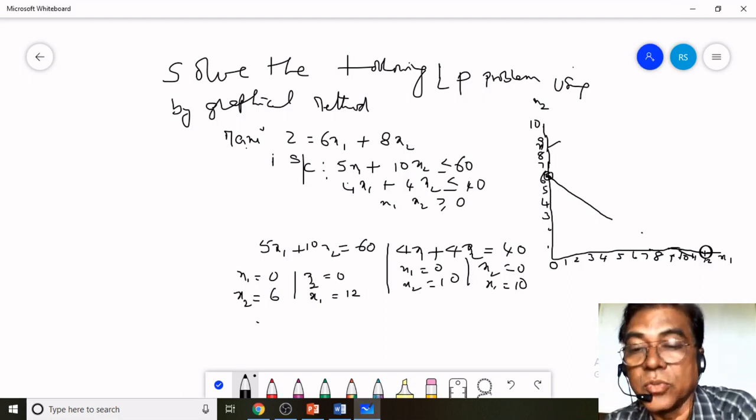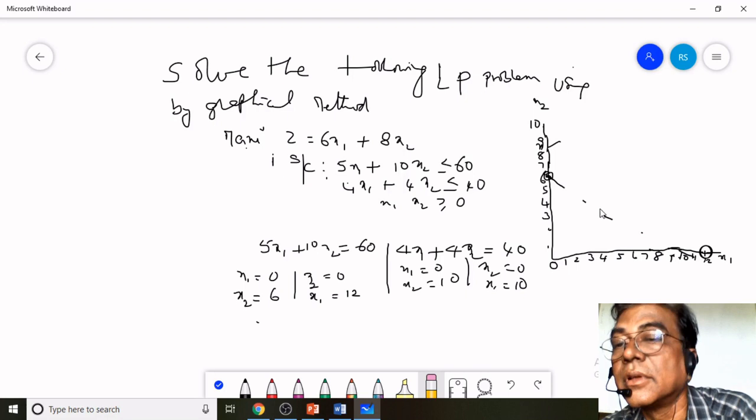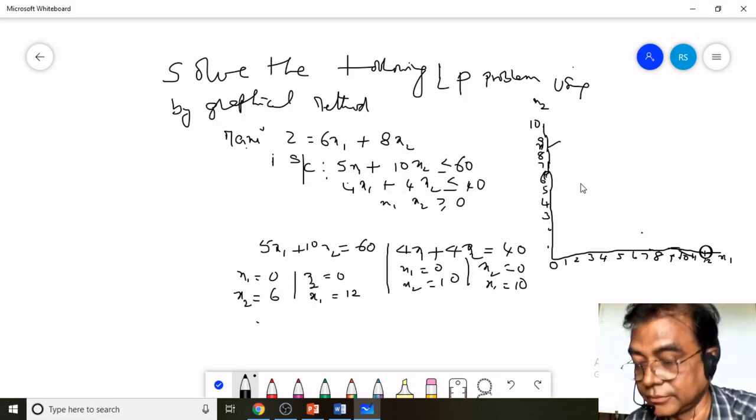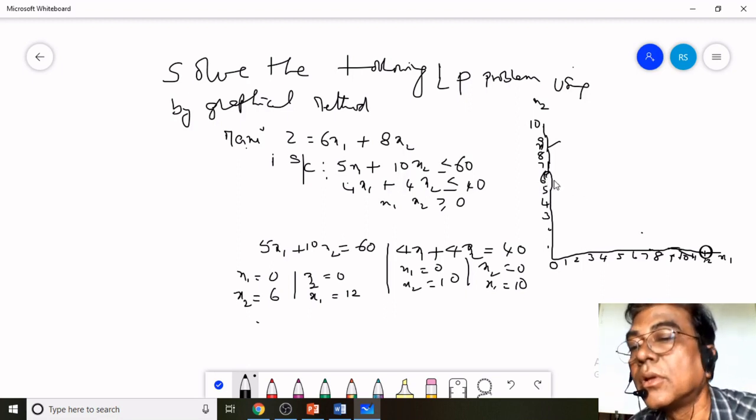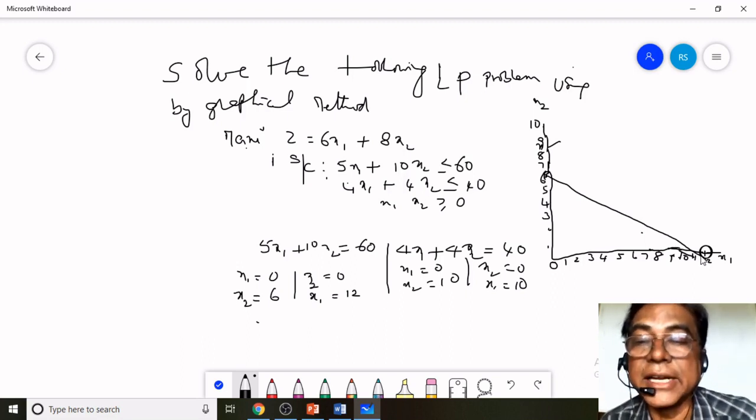Now join these 2 points. That's 6 to 12.